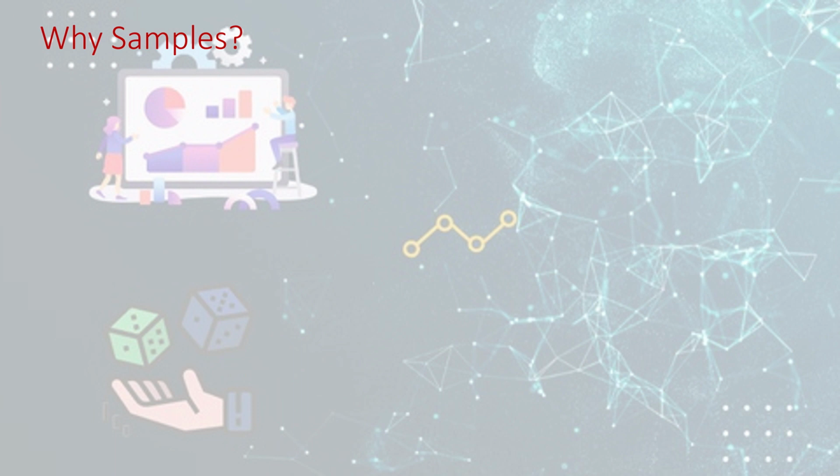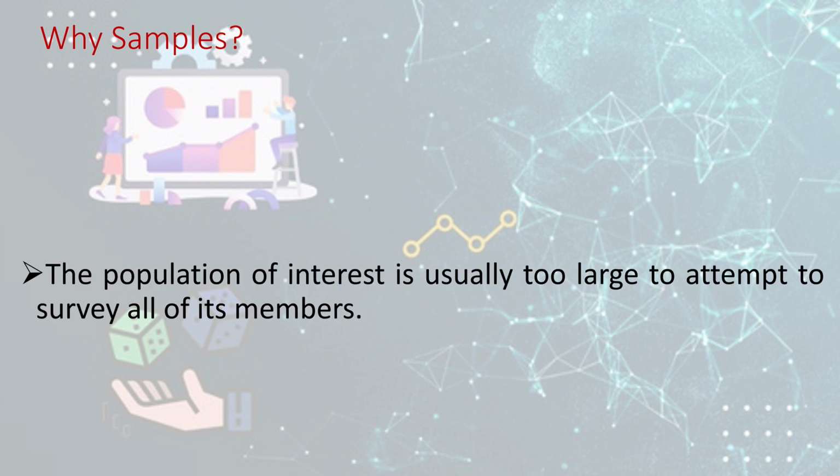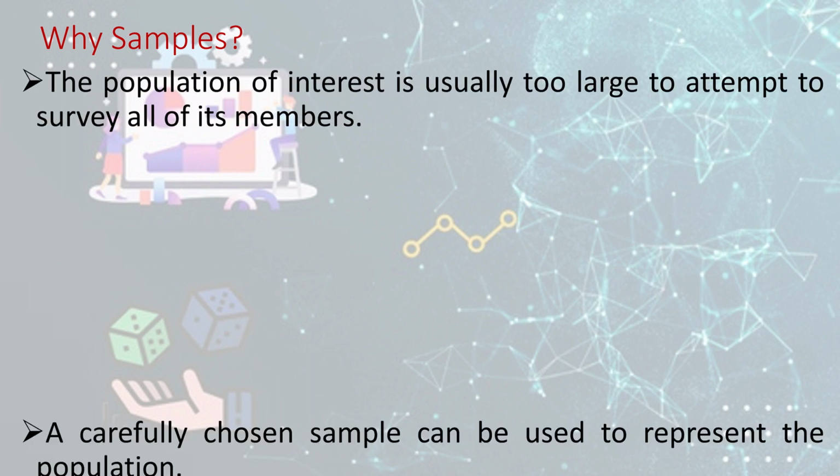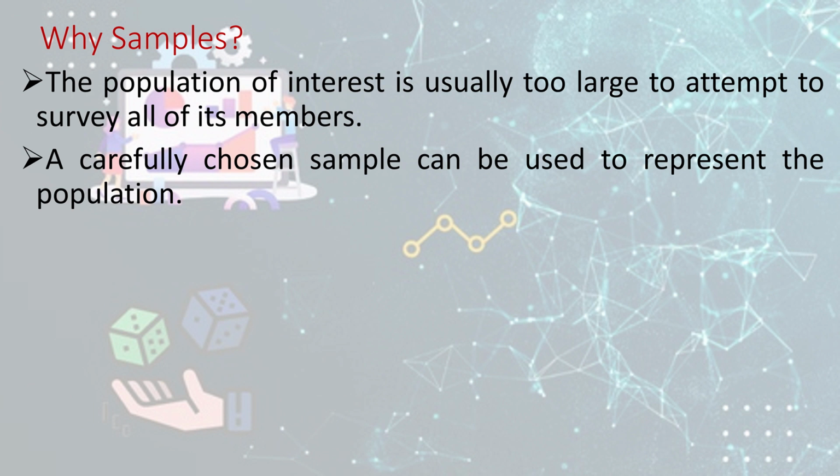Usually the population is large, and it's very hard to analyze or to do any calculation about it. Therefore, a small part of the population is taken for doing some calculations and analysis, and that small part is known as a sample, which can be done in a systematic way.